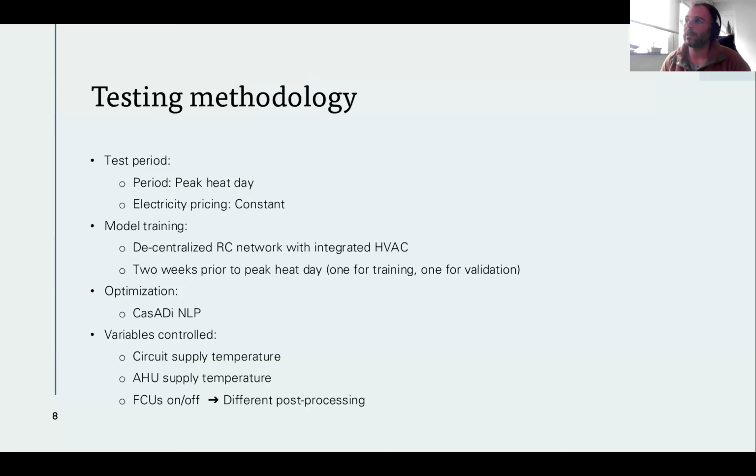One is that when the valve is open more than 5%, then we decide to open the circuit and activate the end units, the emission system. And in the other, we set it to 20%. So when our valve is open more than 20%, then we activate the circuit and the end units.